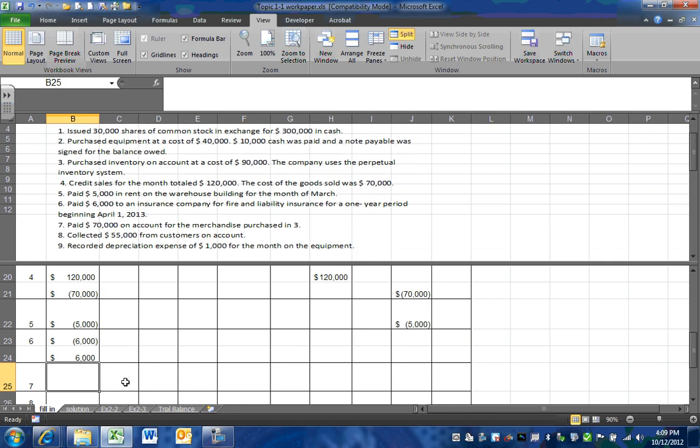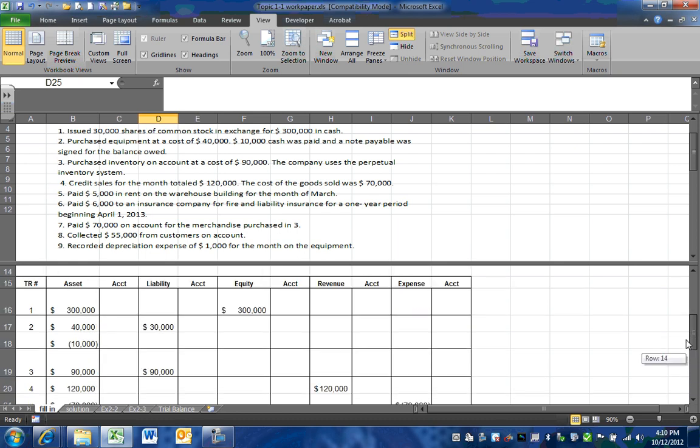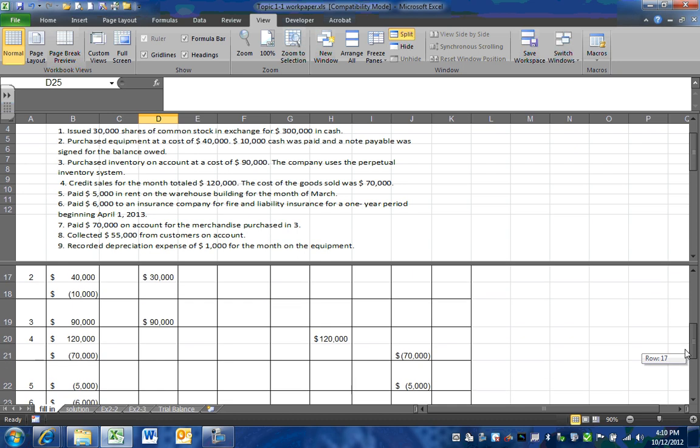Next, we're going to pay for some of the merchandise we earlier purchased. We're going to make a payment of $70,000. So our cash will go down, as will our liabilities.